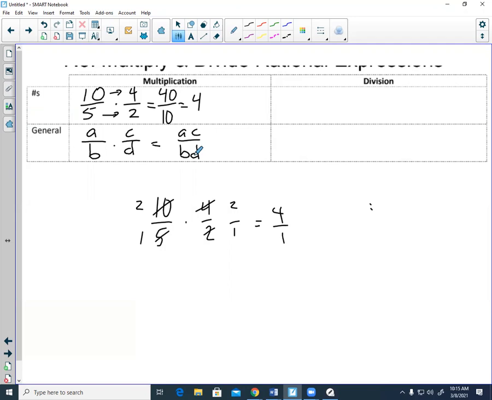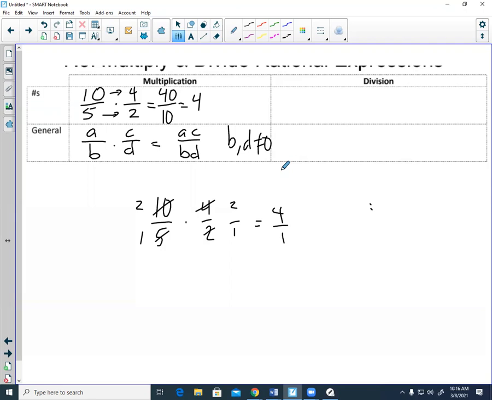These numbers are not concrete, so there are going to be some restrictions. Is there anything that b cannot equal? 0. Is there anything that d cannot equal? 0. So you have to pay attention here that there are two numbers that can't equal 0, because if b or d equals 0, then instantly this problem is no good anymore. It's undefined, and if it's undefined, then we're toast.